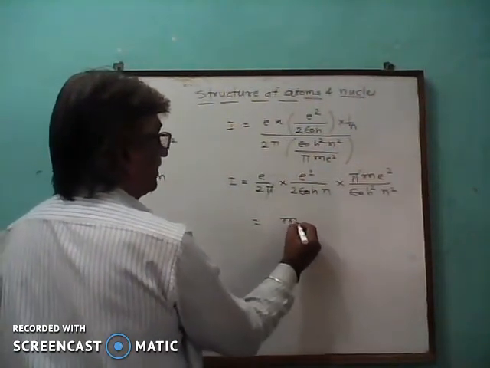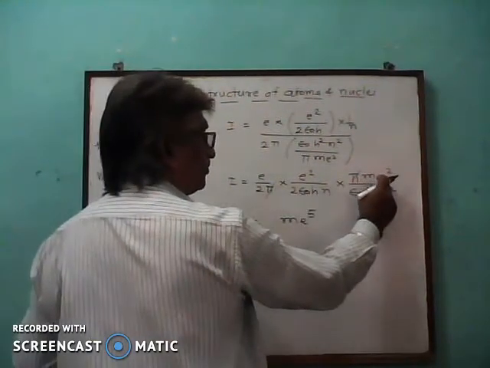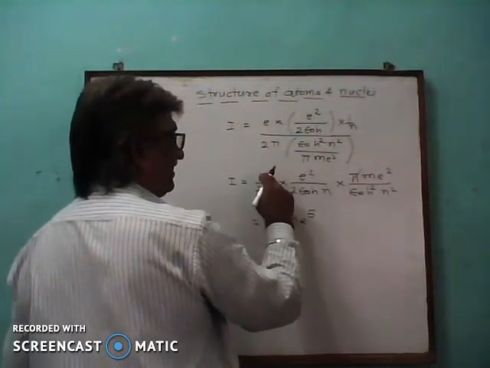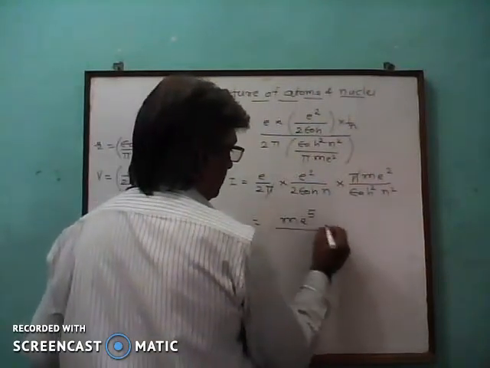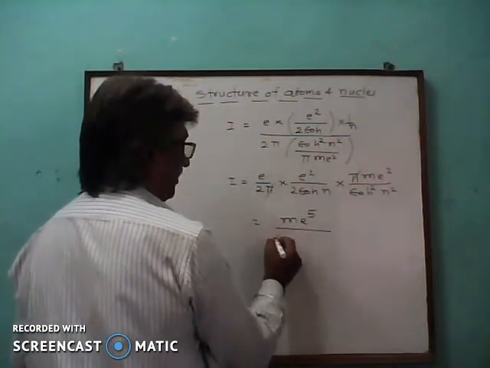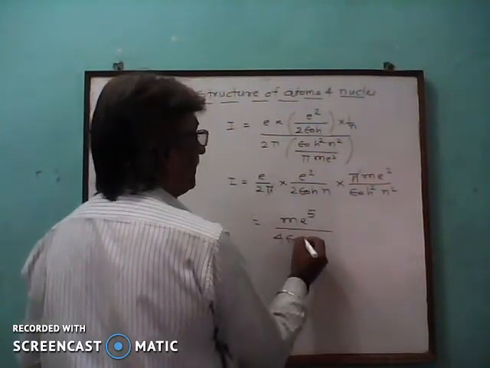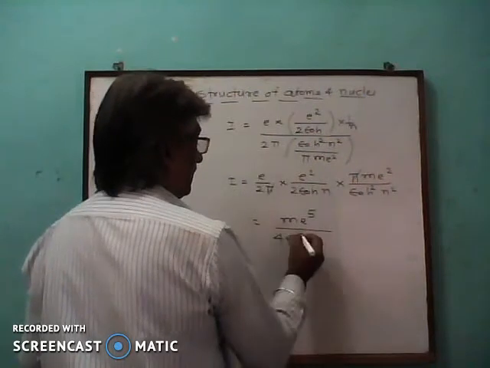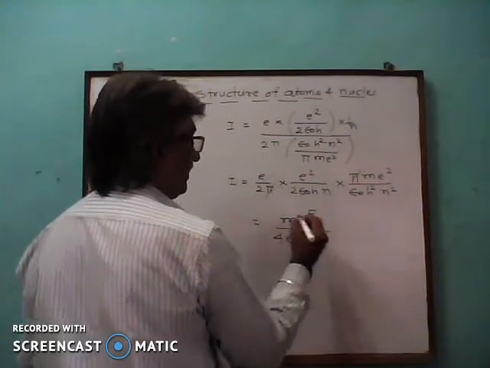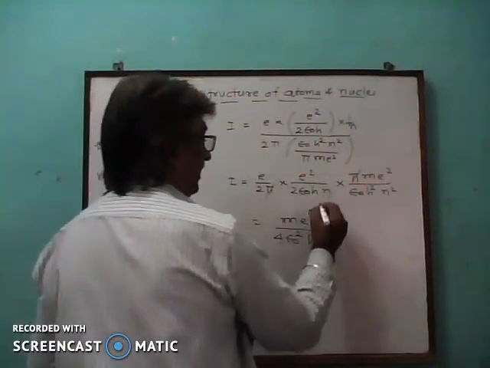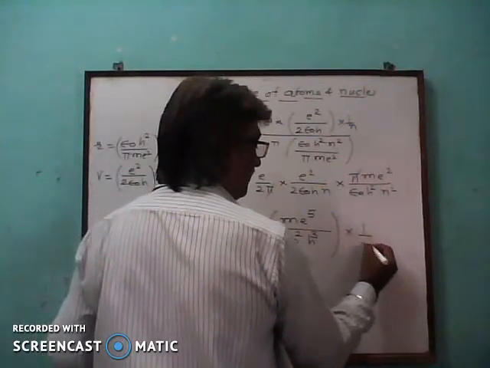It can be written as m e raised to 5. How? e raised to 2 plus e raised to 2 plus e raised to 1. That is m e raised to 5 upon these 2 and these 2, their multiplication will be 4. Epsilon 0, their multiplication will be epsilon 0 square. h square, their multiplication will be h cube. And n square, their multiplication will be n cube.